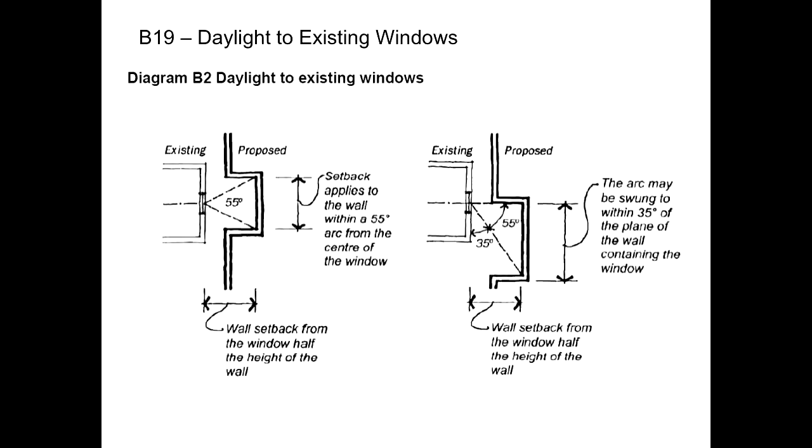So, good point though. Another one about amenity is daylight to existing windows, and it's another example of the kind of compromises that we come up with. So this is an existing structure. It's got a window here. There's a minimum distance to the adjoining wall that needs to allow a certain amount of light to that window.